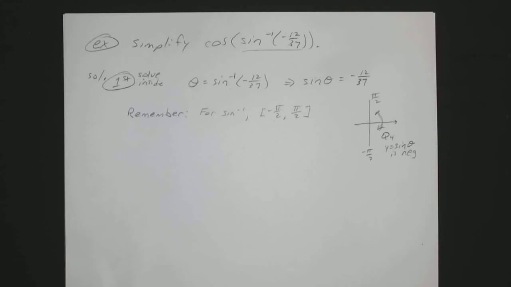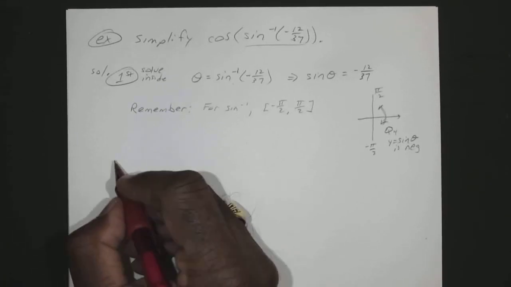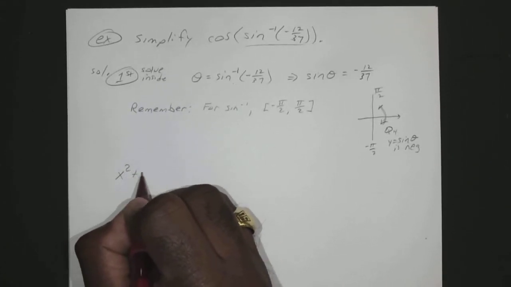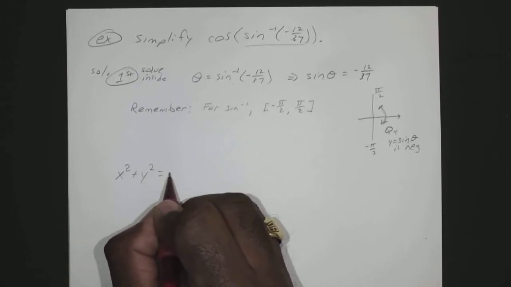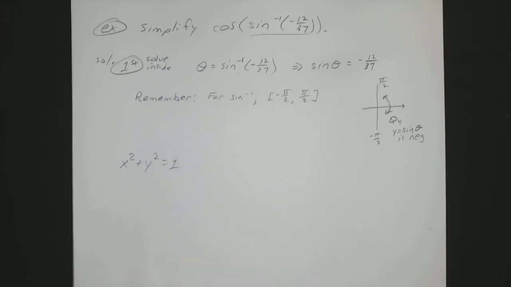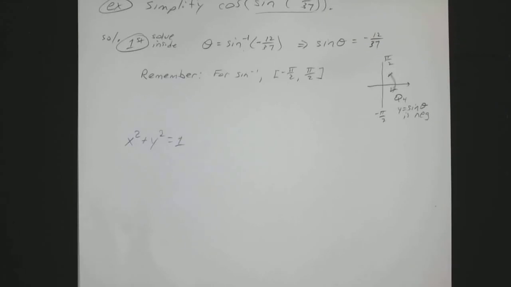And actually, I'll show you another way to figure it out a little later, but this is kind of the prequel to that part. So we know we have x squared plus y squared equals 1. That's our unit circle.